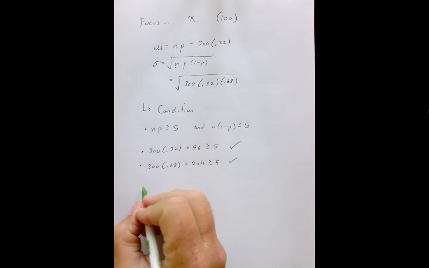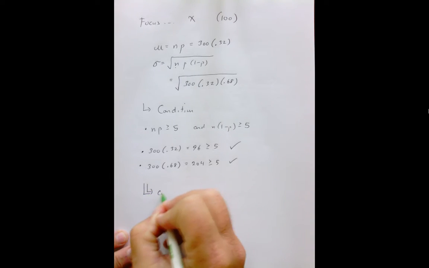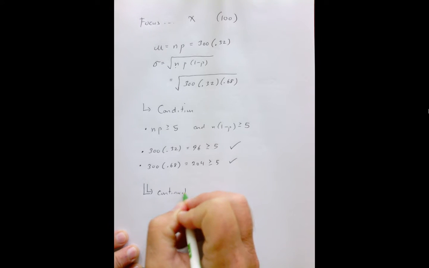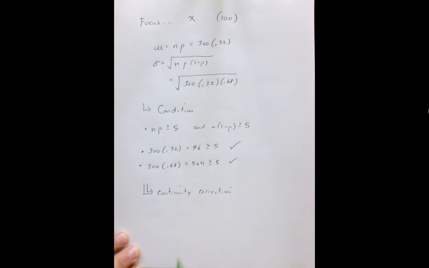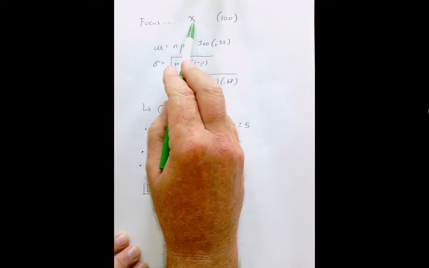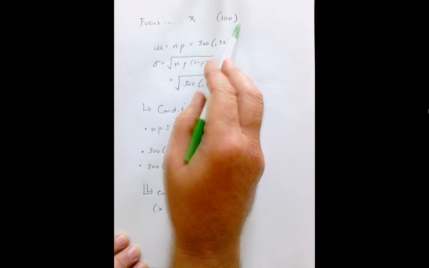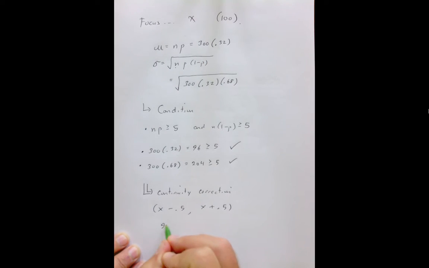Now what we need to do is our continuity correction: X minus a half, X plus a half. X is my count, so we're looking at 100 out of 300, so 100 minus 0.5, 100 plus 0.5.